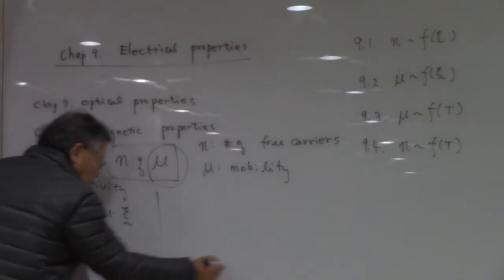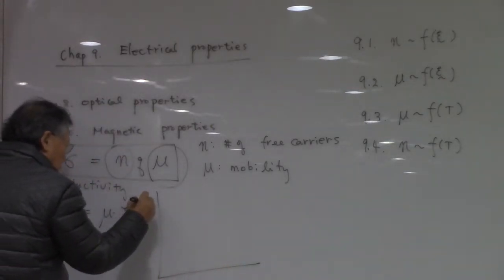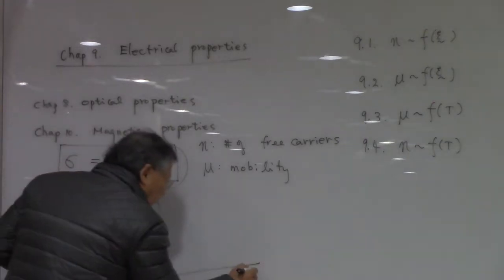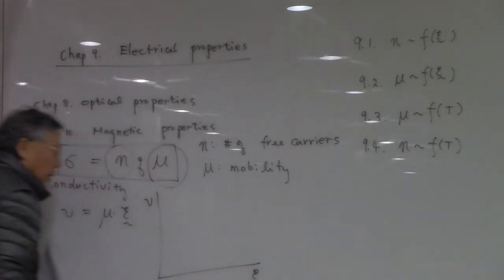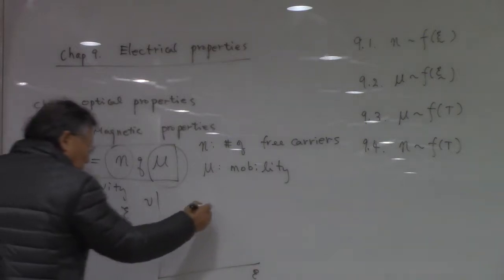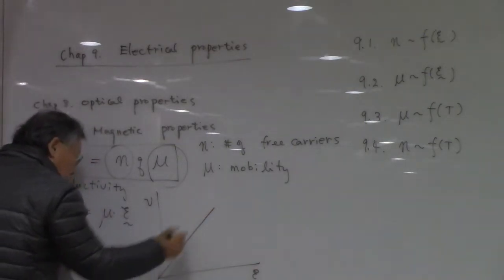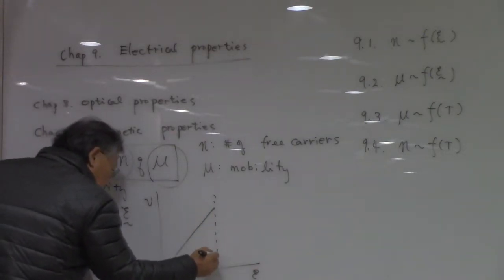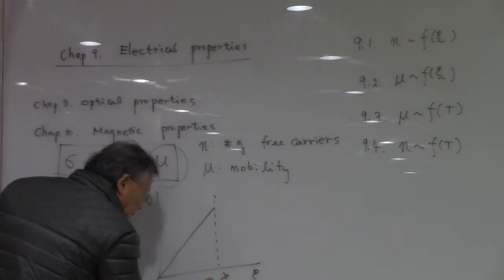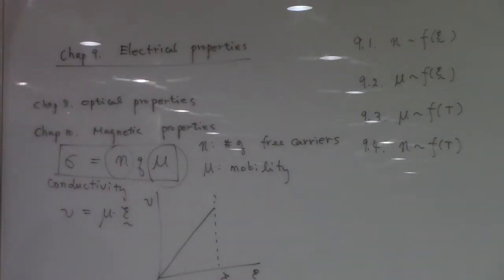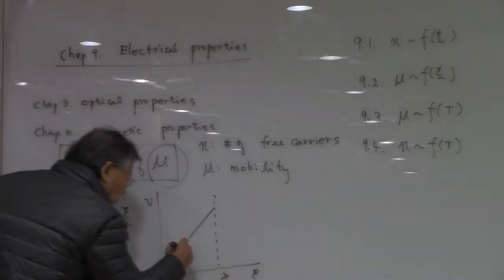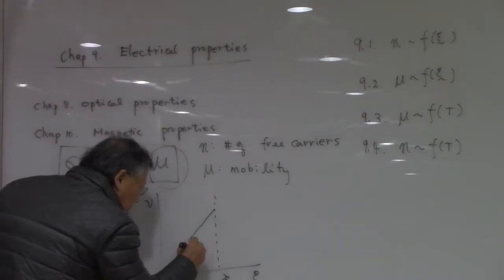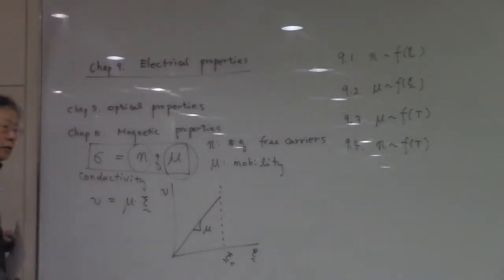In other words, if you plot the velocity and electric field, then we're supposed to have a straight line up to a certain limit. That is the critical electric field. And then the slope corresponds to the mobility of the material. And the mobility is a material constant.